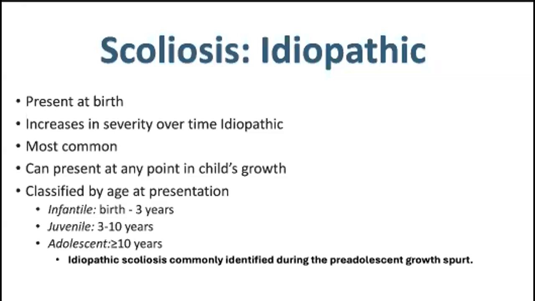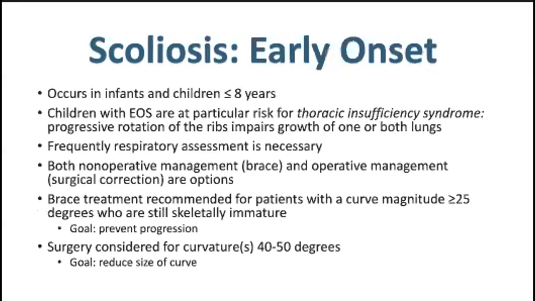It can present at any stage of childhood growth, however, it is most commonly identified during those pre-adolescent growth spurts. Other scoliosis types: we can have neuromuscular, related to cerebral palsy and spinal tumors, and syndromic, which would be like Marfan syndrome or connective tissue disorders.